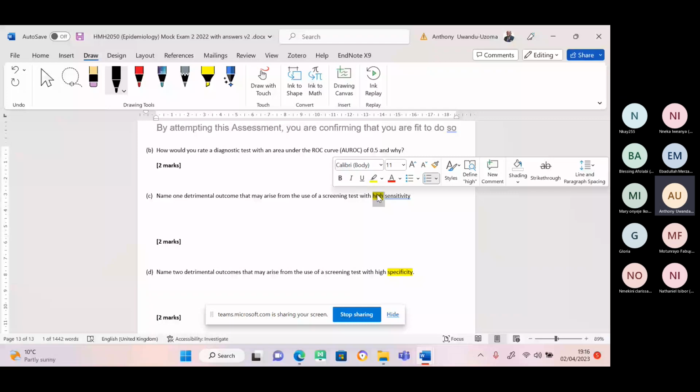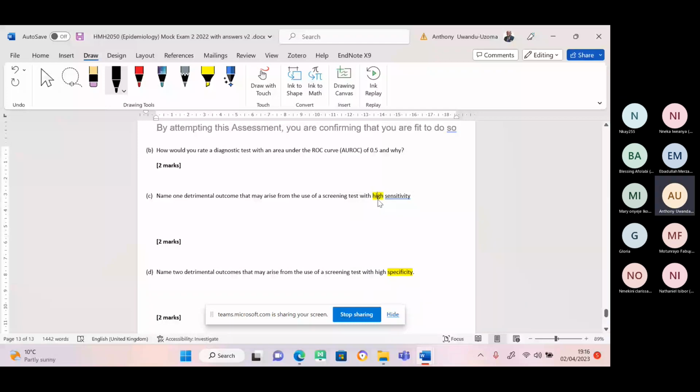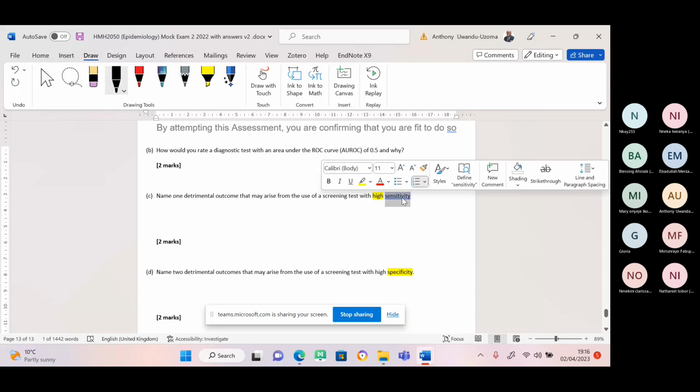So if you have a test that is only positive, whether disease or not, what will it result to?